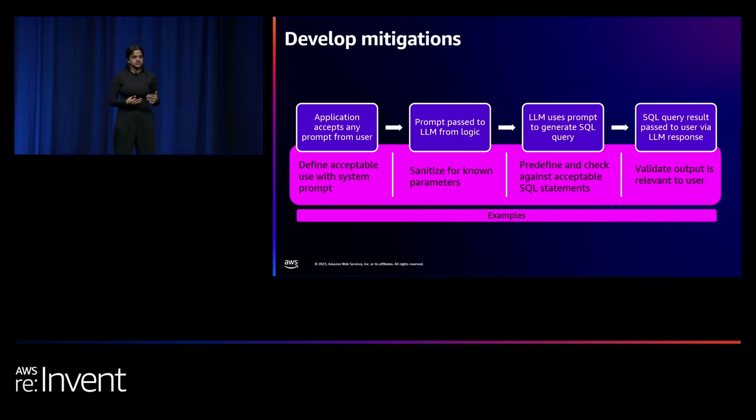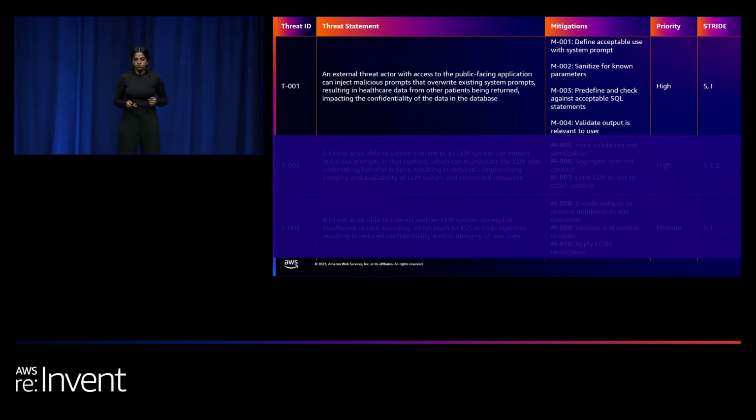And then also, as an additional layer, when that final response is being passed to the user, we're going to check the data within that response against the original database and make sure that it's only for that user and that it actually exists, and that the LLM is not hallucinating a response. So with that, we know our mitigations, and we can pop that into our table, and just like that, we have our first row done, right?